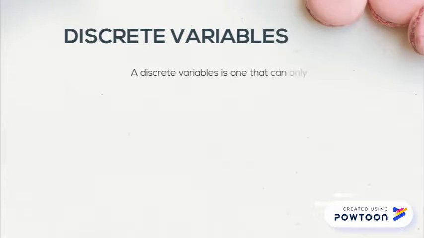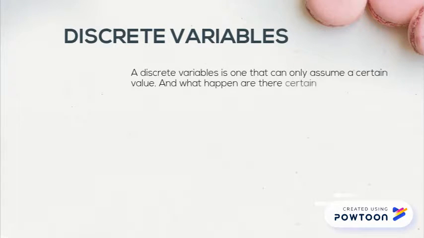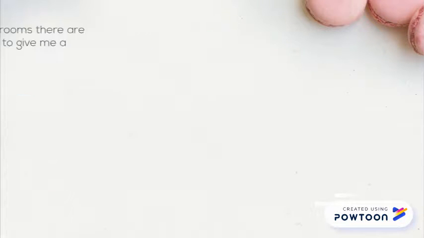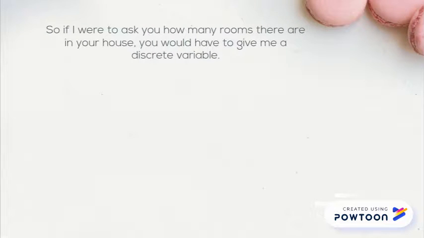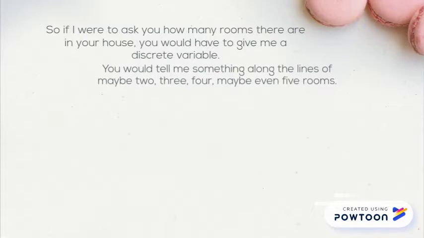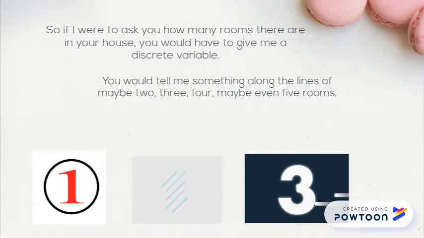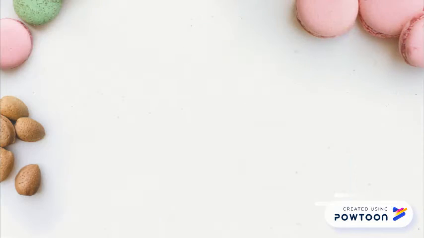A discrete variable is one that can only assume certain values, and what happens is there are certain gaps that exist between these values. A common example of a discrete variable would be the number of rooms in a house. So if I were to ask you how many rooms there are in your house, you would have to give me a discrete value. You will tell me something along the lines of maybe 2, 3, 4, maybe even 5 rooms.